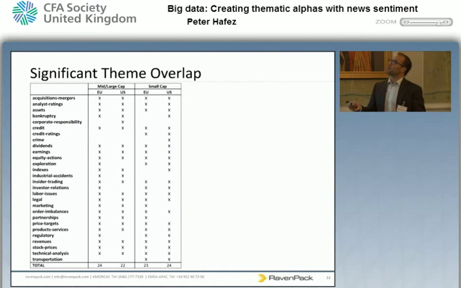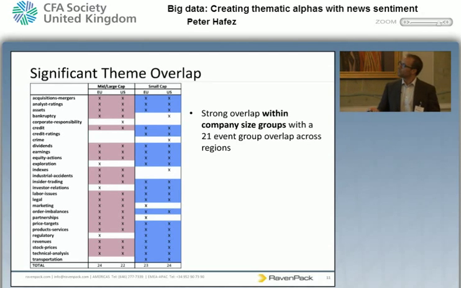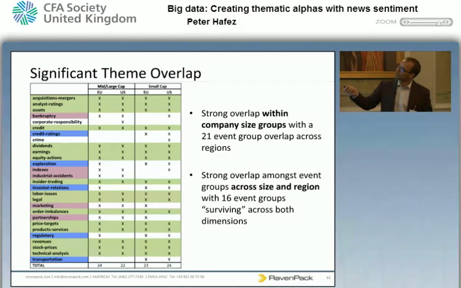And if we look across what event groups are significant across size and across region, we find that 21 groups overlap across regions. If you look at large and mid cap, you have 21 groups that become significant across both Europe and the US. And for small cap, you also have 21 groups.